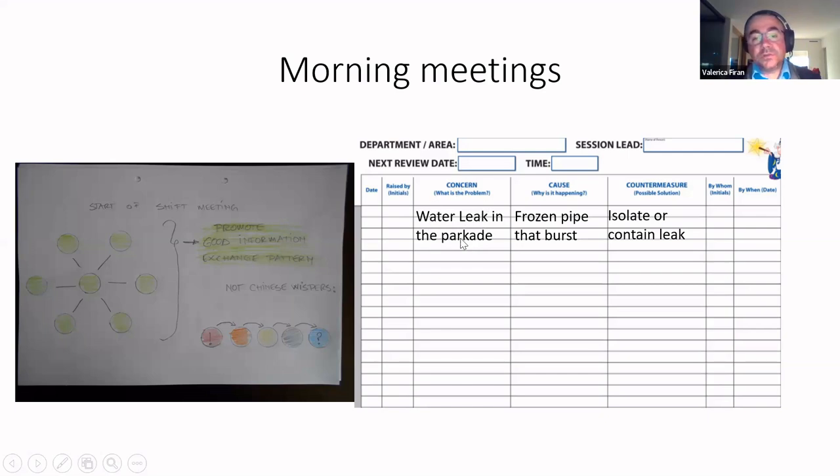What is the 3 C's board? The 3 C's board is a board that we have the concern, the cause, and the countermeasure of a potential problem. In this example here, I just imagine that I will use a water leak scenario.